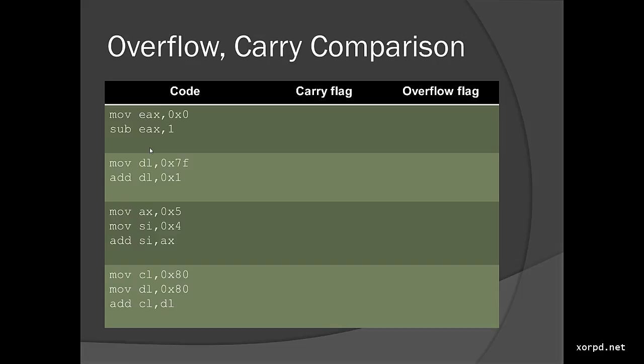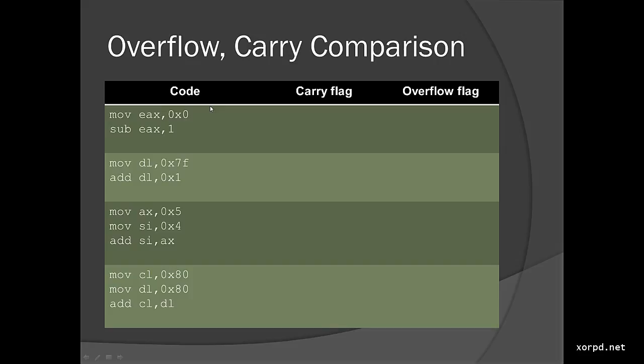I'll remind you that both of the flags are going to be affected no matter the operation you do. Even if you only care about unsigned numbers, the overflow flag is going to change too, for example. So let's take a look at the first chunk of code.